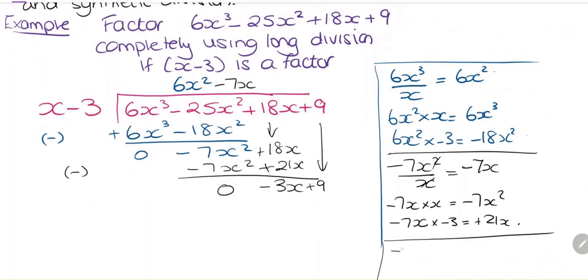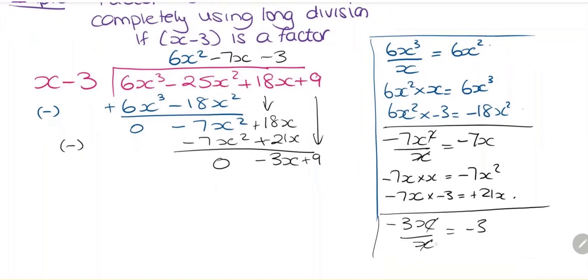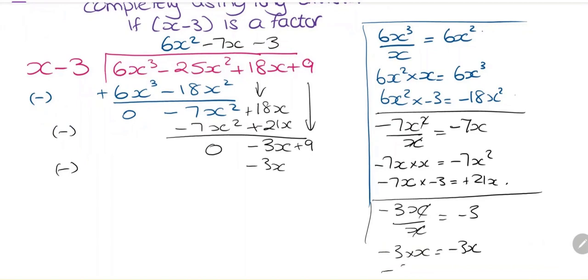So you have minus 3x divided by x, so the answer is minus 3. And then we're going to multiply the terms by minus 3. So minus 3 times x is minus 3x, and minus 3 multiplied by minus 3 is plus 9.